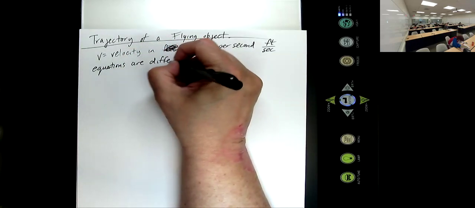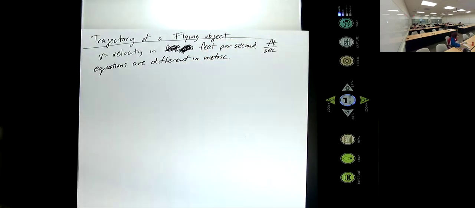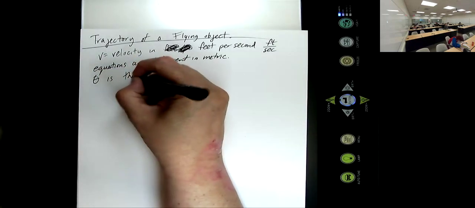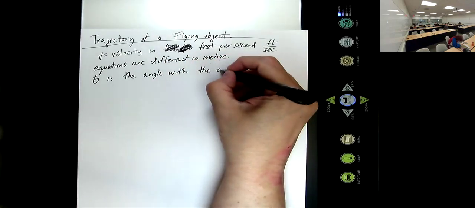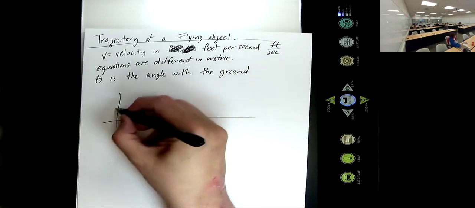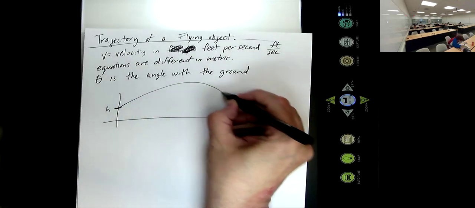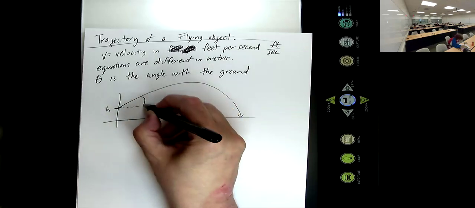Equations are different in metric. And let's say theta is the angle with the ground. And we're going to give it a starting height h. That angle there is theta.